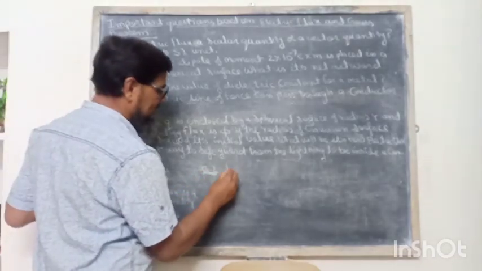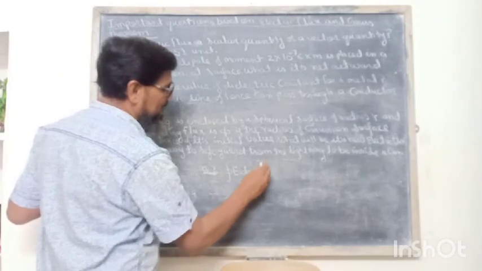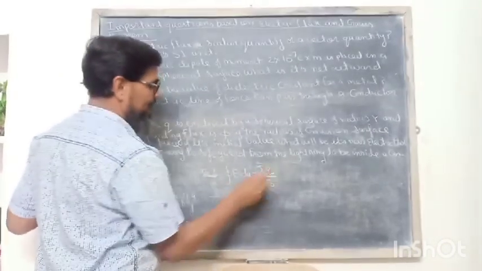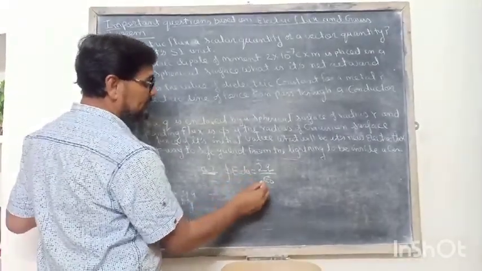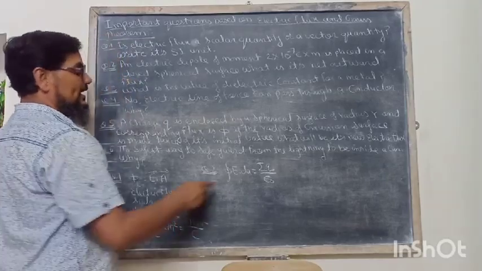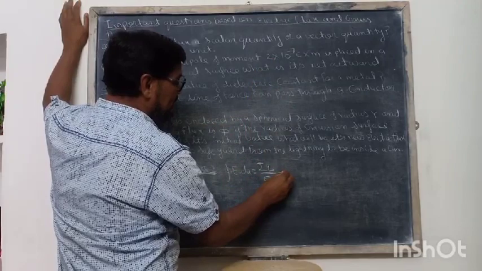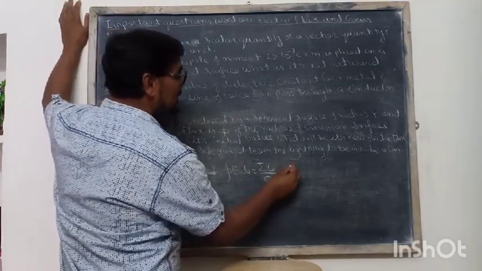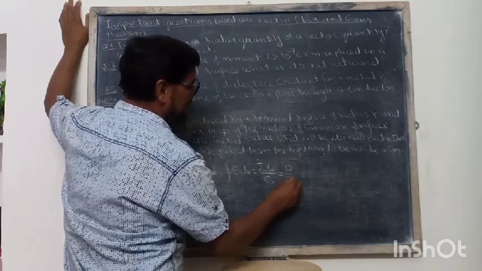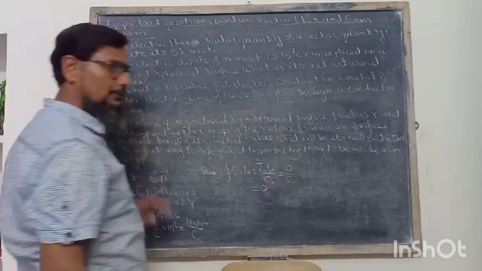The net outward flux, E dot dA, is equal to the summation of Q upon epsilon naught, where Q is the algebraic sum of all charges enclosed by the surface. For a dipole, the total charge is 0 because equal and opposite charges are separated, so the net outward flux will be 0.